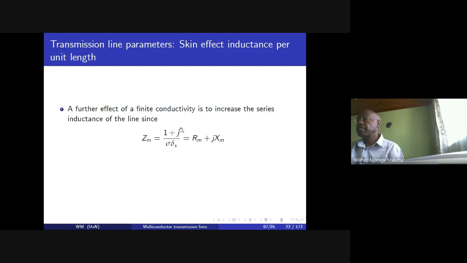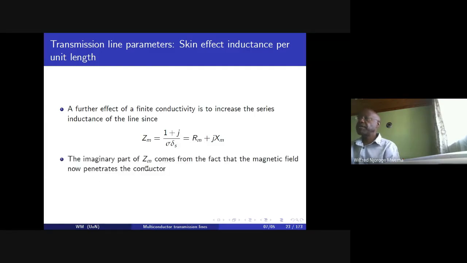Remember that this is only true when the conductor has a thickness in the direction of wave propagation, or field propagation, that is much thicker than a skin depth. And this can be reduced to a series resistance per square Rm plus a series reactance per square chi m. And when we look at this, you can see that chi m and Rm are equal.